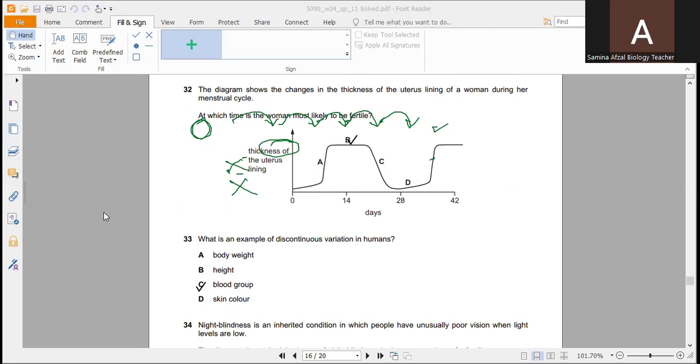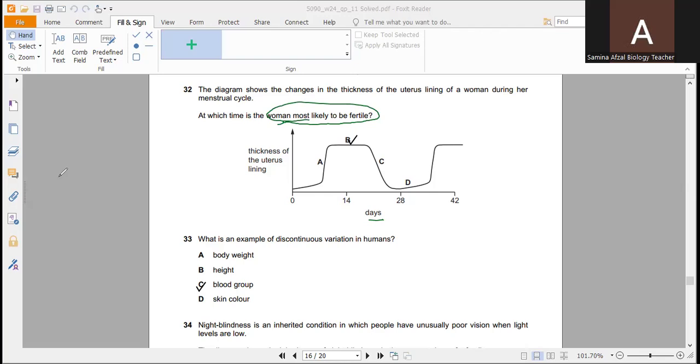The question number 32. The diagram shows the changes in the thickness of the uterus lining of a woman during her menstrual cycle. At which time is the woman most likely to be fertile? Days are given on one side and the thickness of the uterus lining on the other.